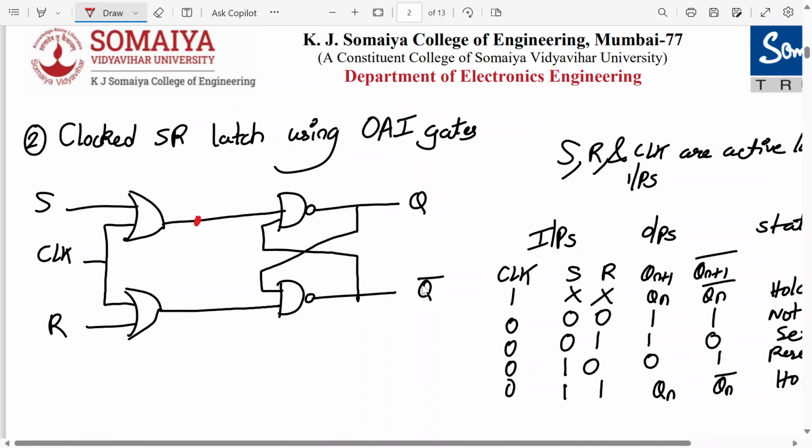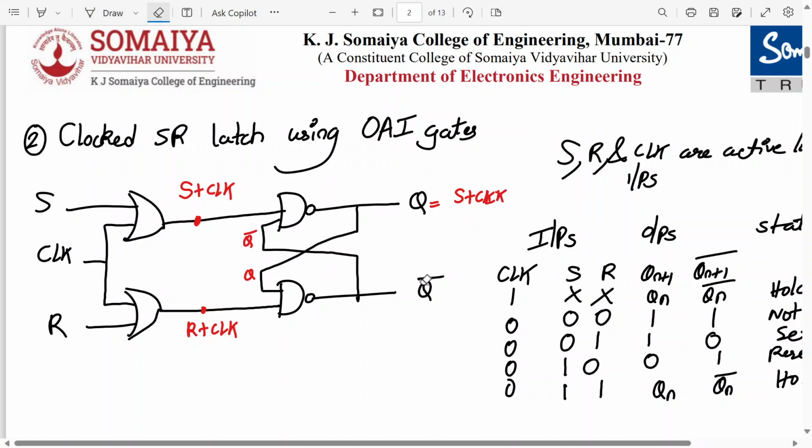What is the output of this OR gate? What do we write over here? S plus clock. Here we write R plus clock. Here what do we write? This is Q bar and this is Q. S plus clock dot Q the whole bar.